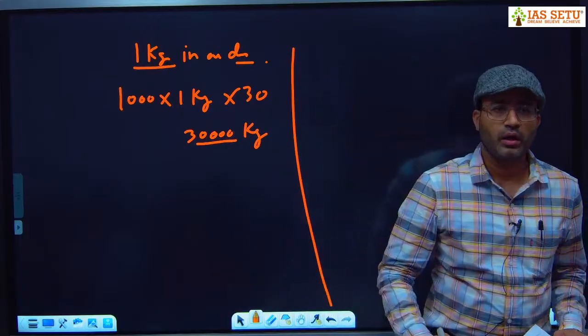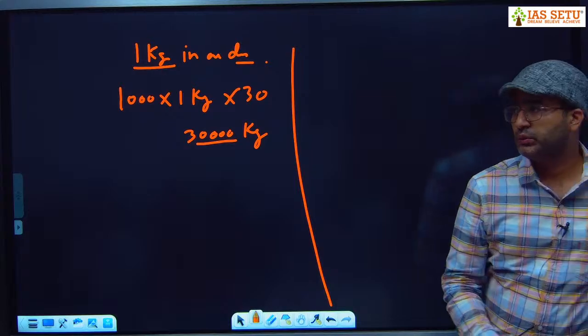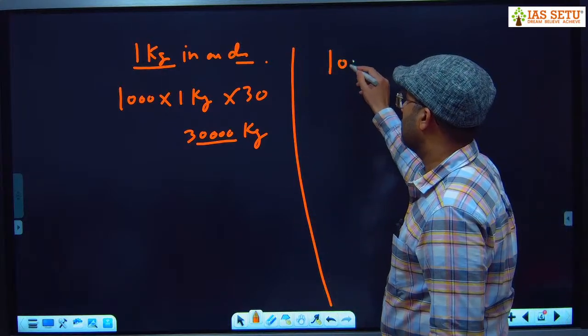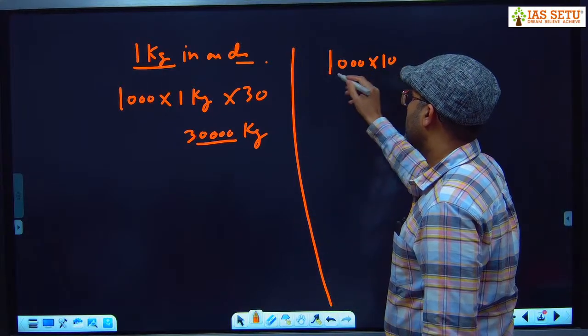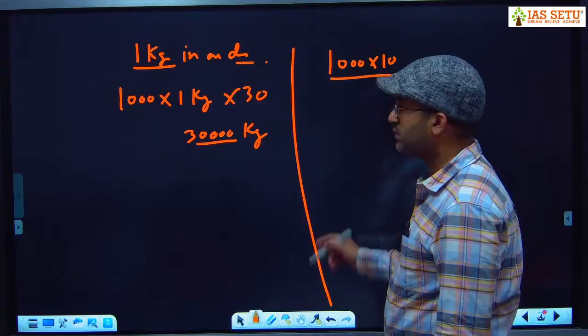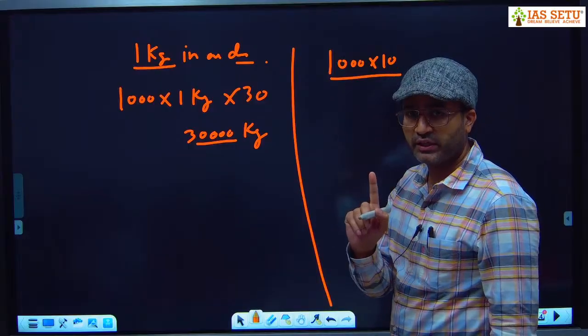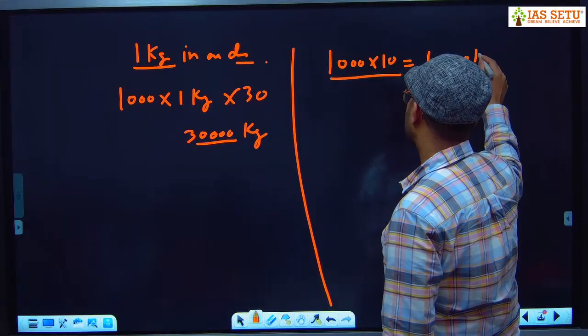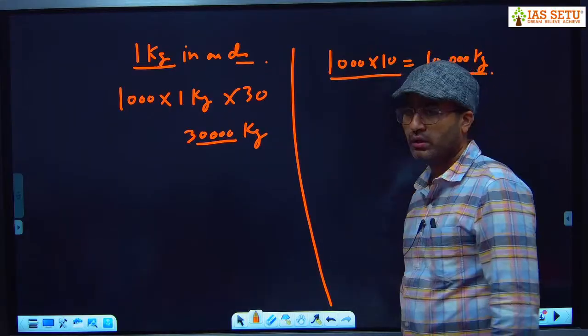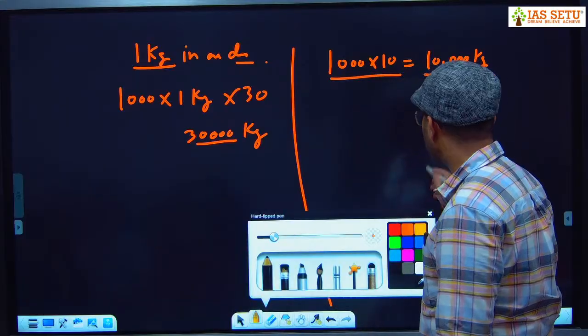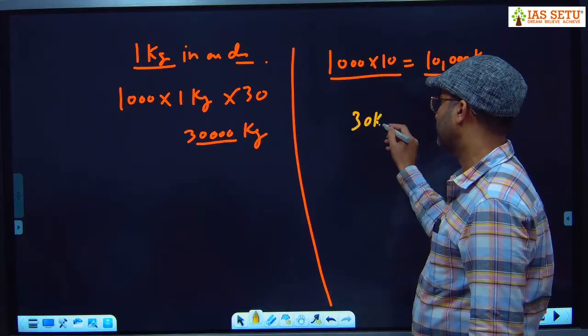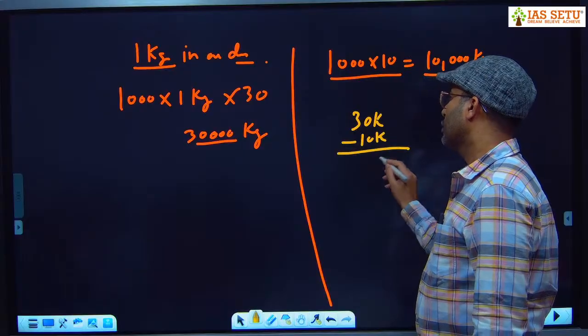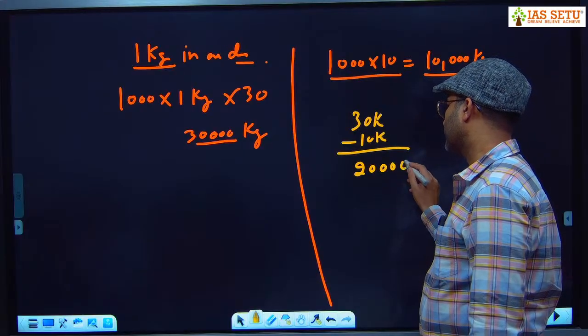Next step, step number 2. 1000 soldiers consume food for 10 days. Every soldier consumes 1 kg, so in 10 days they consume 10,000 kg of food. So out of 30,000, 10,000 has been consumed. So remaining we have 20,000.